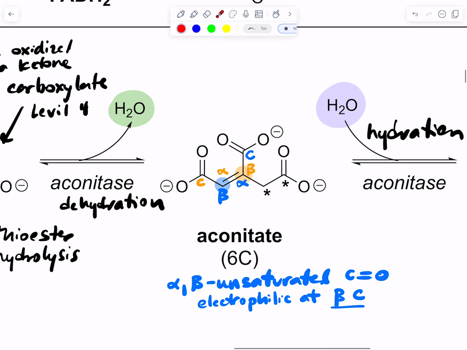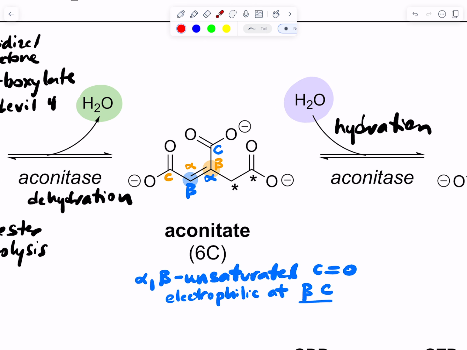But instead, and we won't push the arrows now, we'll do that later and just give you the overview, if water attacked the blue beta carbon and the orange alpha carbon, that would give me the OH there. In this reaction, basically, it's the reverse of the elimination reaction.